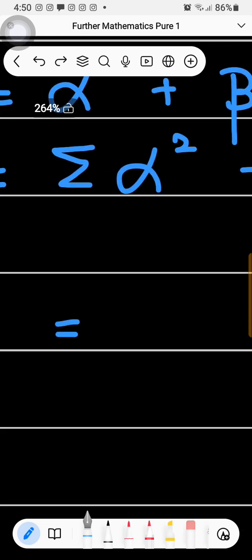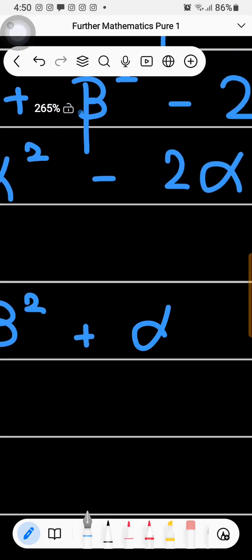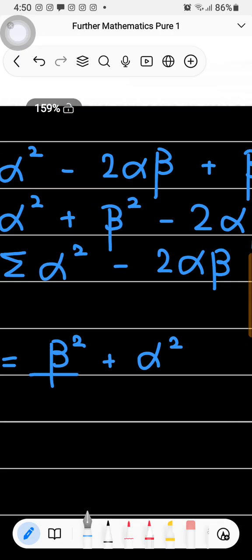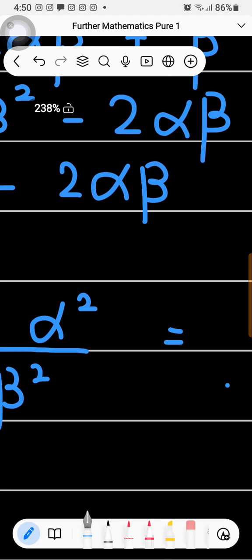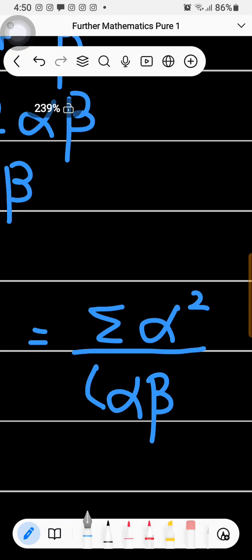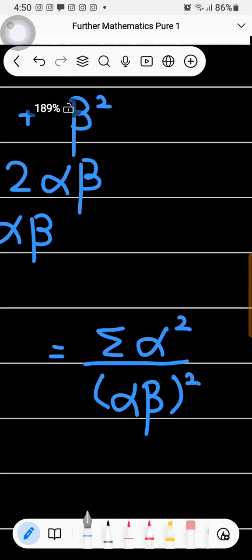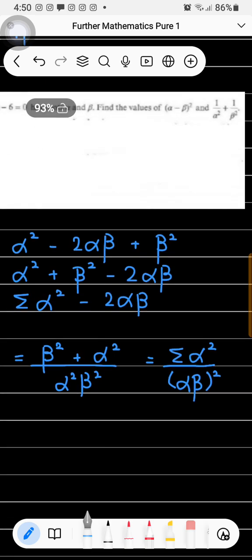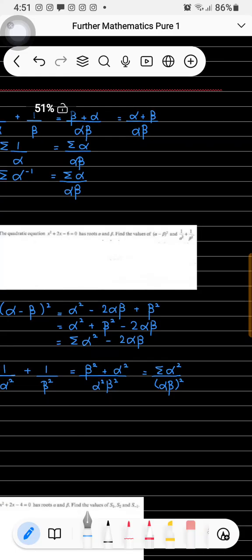So it becomes beta square plus alpha square, and in the denominator the product of both, alpha square beta square. We can write this as sum of alpha square upon alpha beta whole square. So we are at a good point. We know what we need: we need sum of alpha square and we need alpha beta to solve these two things.